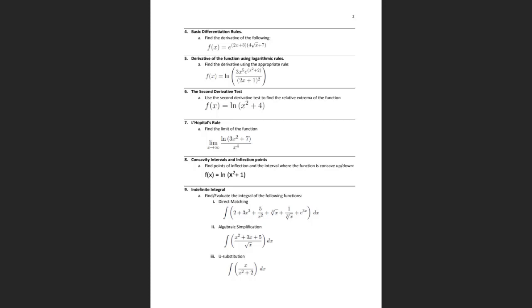I have a question on number 8. Yes, what's up? I think I got the inflection points. I got 1 and -1. I don't know if that's right, but I'm confused on what to do after that. Okay.